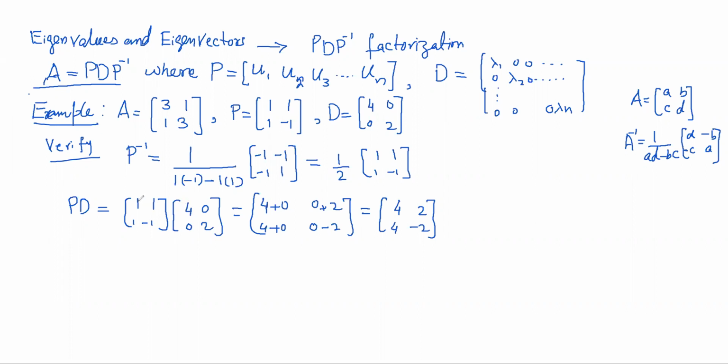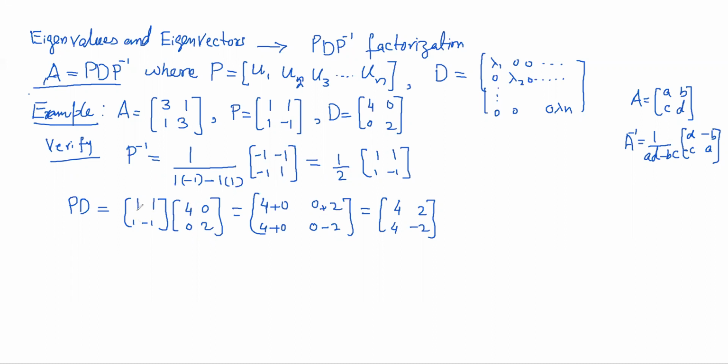So when we are multiplying by a diagonal matrix from the right, the resulting matrix will be the one in which the first column is the result of the multiplication of the first diagonal element and the elements in the first column.